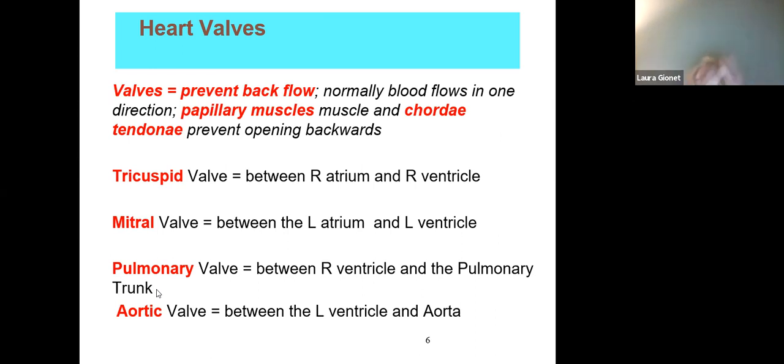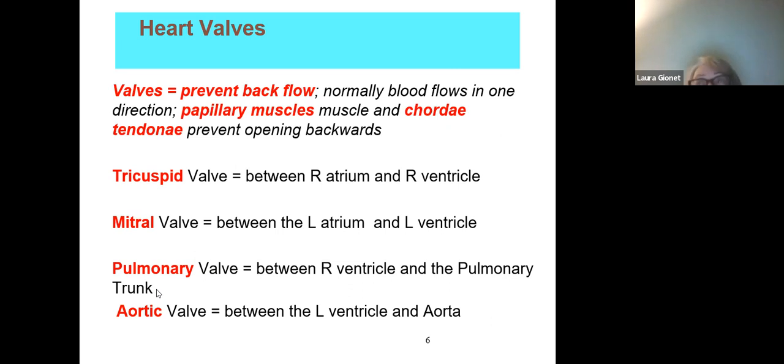If the wind gusts, your umbrella will flip inside out. Well, you don't want that to happen as you're trying to propel blood from the ventricles up and away into their respective vessels. To prevent the blood from going from a ventricle back into the atria, we have these valves. By contracting the myocardium and the papillary muscles, which puts tension on the chordae tendineae, the valves are kept from flipping inside out and becoming what are called incompetent valves.